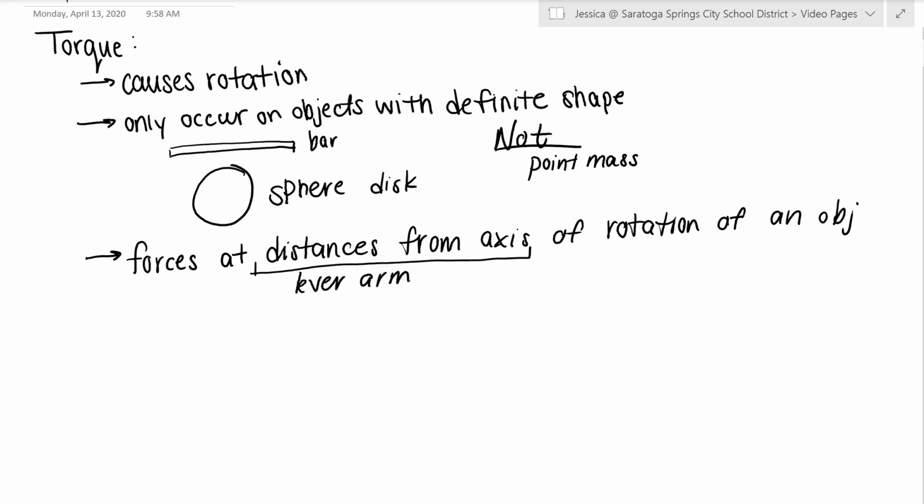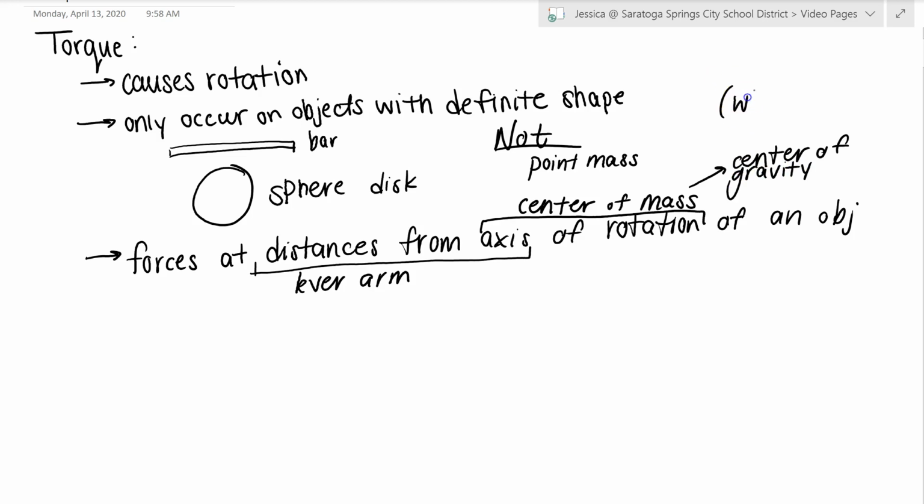So we need a force applied at a distance from the axis of rotation. The axis of rotation for most objects, unless there's a pivot point, is going to be the center of mass, which is also the center of gravity, where the force of gravity acts.